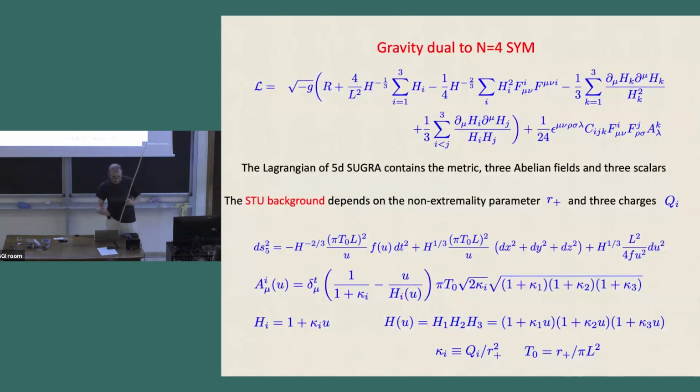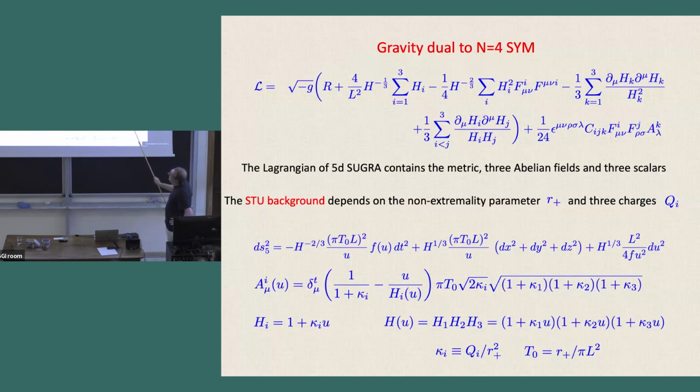And we go back to our main topic, which is the STU background and its fluctuations. So I must say that the background looks quite messy. I'm sorry to say, yeah. So the 5-dimensional supergravity background involves a metric G mu nu.